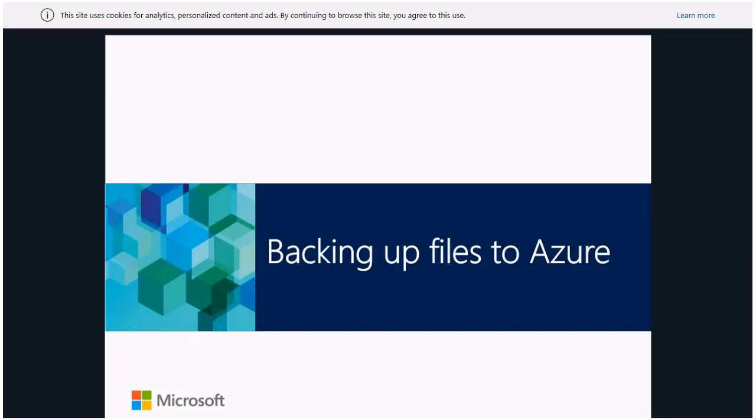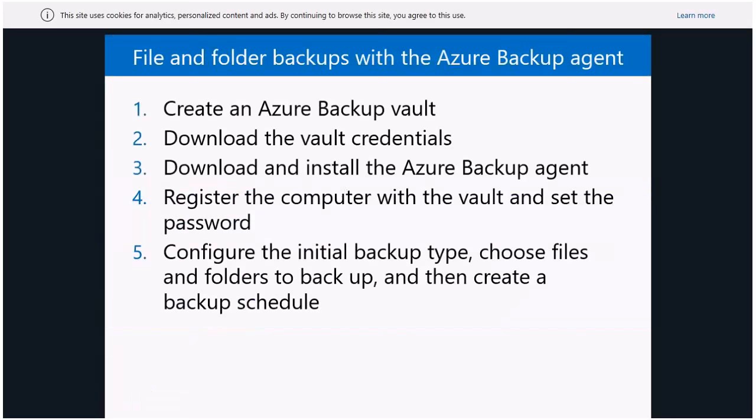Now, guys, with this introduction done, let me go through a couple of slides to show how you would do a backup if you're looking to back up files and folders to your Azure. I'm not going to read everything, and as I said, you will get this presentation at the end of my webinar. But at a high level, here are the steps.